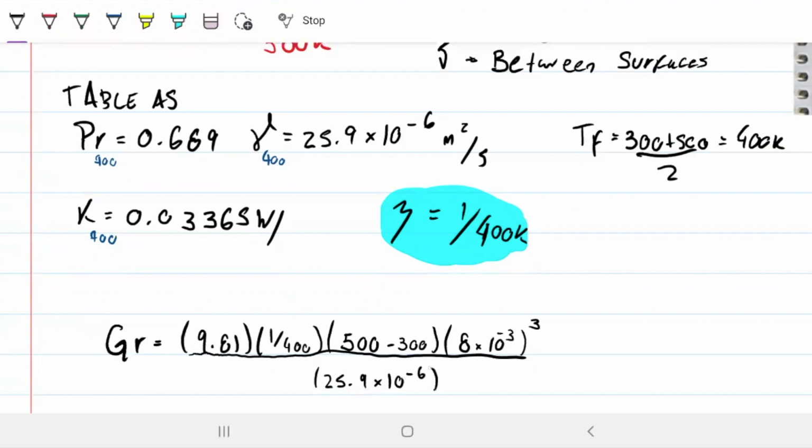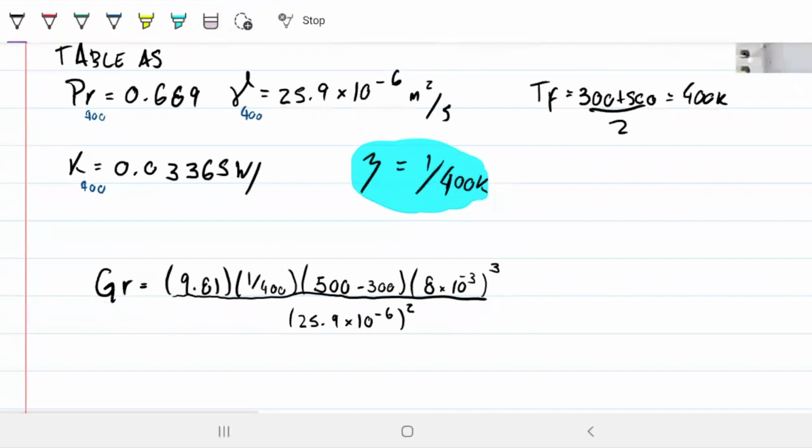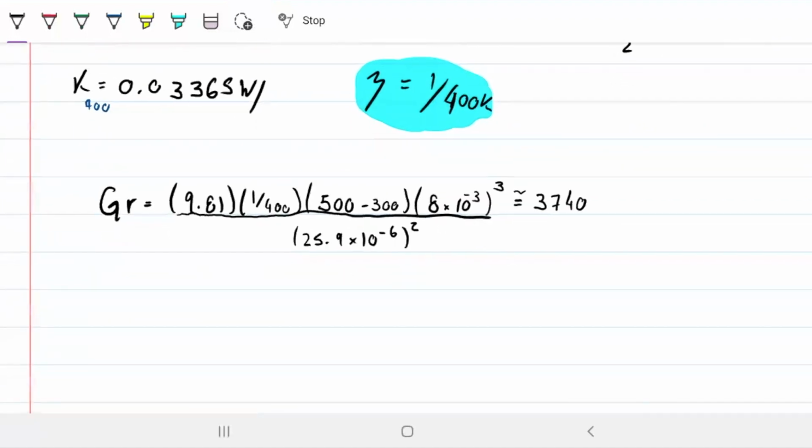Like in the previous example, instead of using density and dynamic viscosity, I just used the kinematic viscosity. Hopefully this is right, and what I got was approximately 3,740.